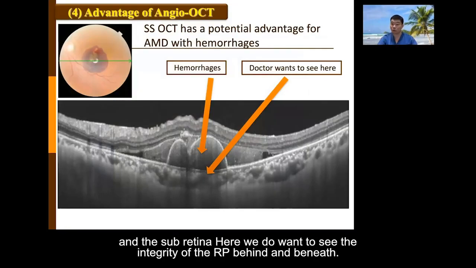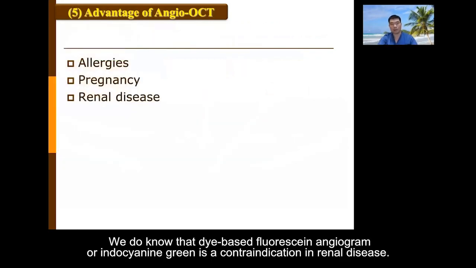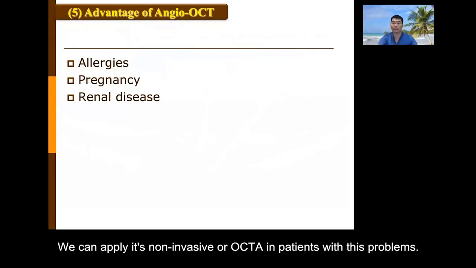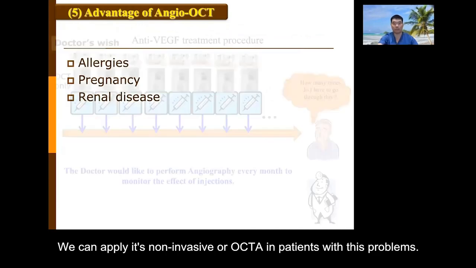Here, we do want to see the integrity of the RPE behind and beneath the intraretinal and subretinal blood. Again, we know that dye-based fluorescein angiogram or even indocyanine green can be contraindicated in allergies, pregnancy, or renal diseases, but we can apply this non-invasive OCTA in patients with these problems.